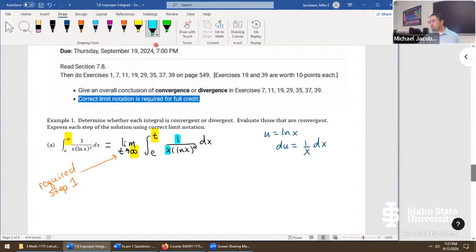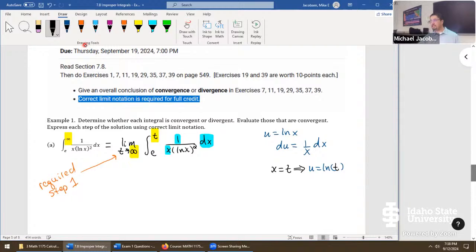That means this 1 over x dx just turns into du. Next, let's change our limits of integration. That's always an optional step, but again, it does sometimes simplify work, especially if there's multiple substitutions you have to maneuver through. We'll say as x equals t, that will imply u equals natural logarithm of t.